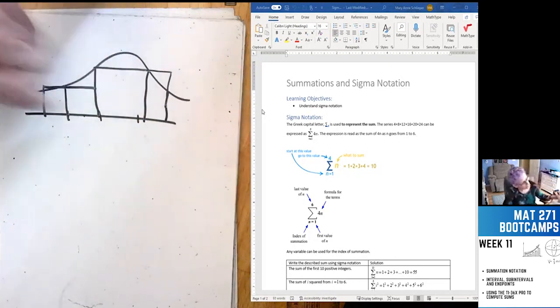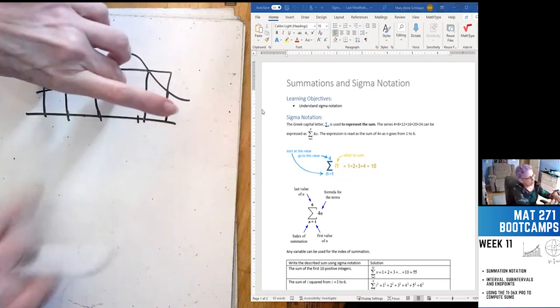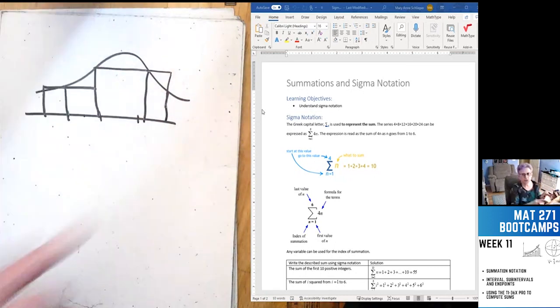And we add up the area of the rectangles, and that's how we estimate the area under a curve. And we're going to increase the number of rectangles. So there's a lot of adding to do.